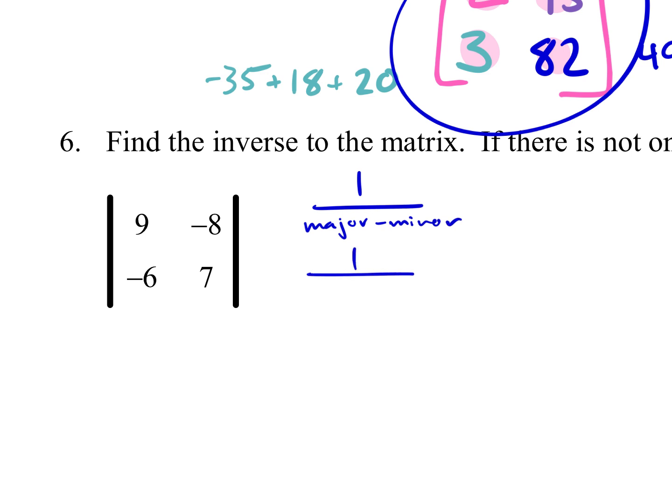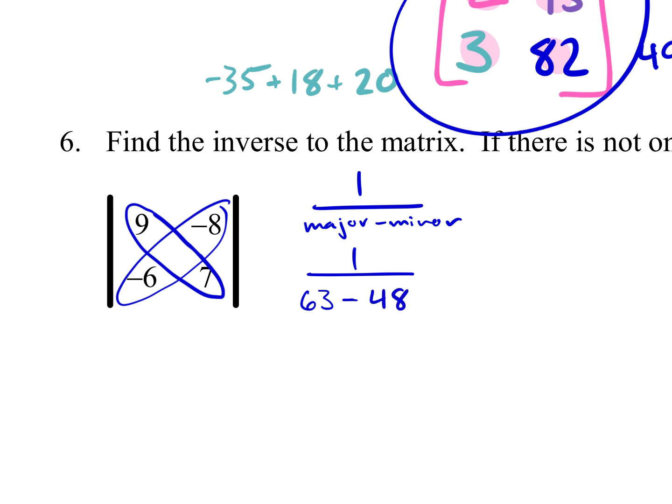So 1 over, when we multiply the majors together, that'd give us 9 times 7. It's 9 times 7. 63 minus the minors, which is -6 times -8. What's -6 times -8? 48.